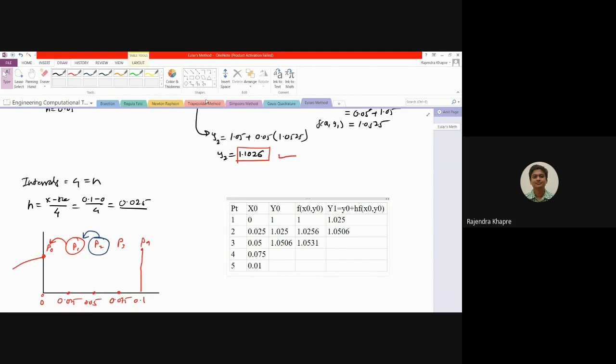Give me this value. This is the y value, and this y value will be used over here. Then give me the value of slope now. 1.0825. 1.1039.